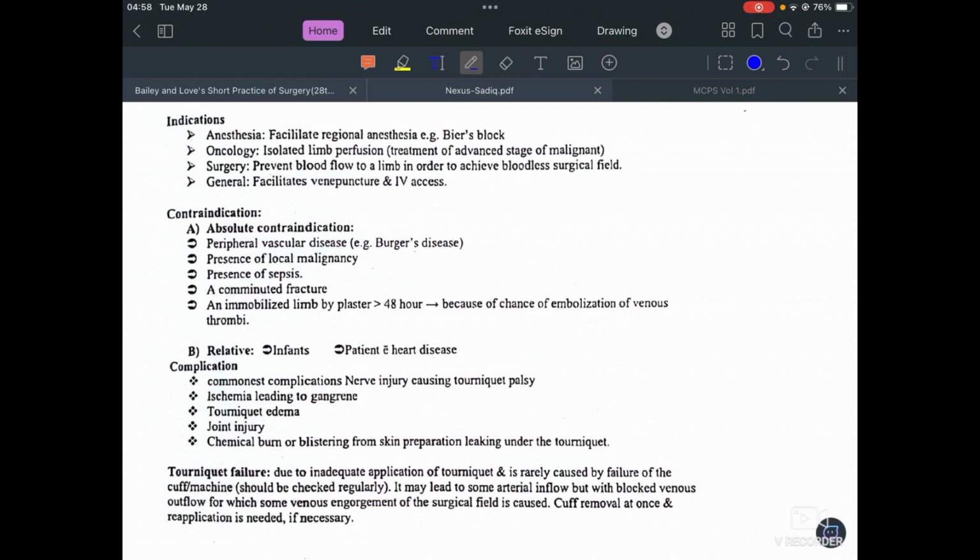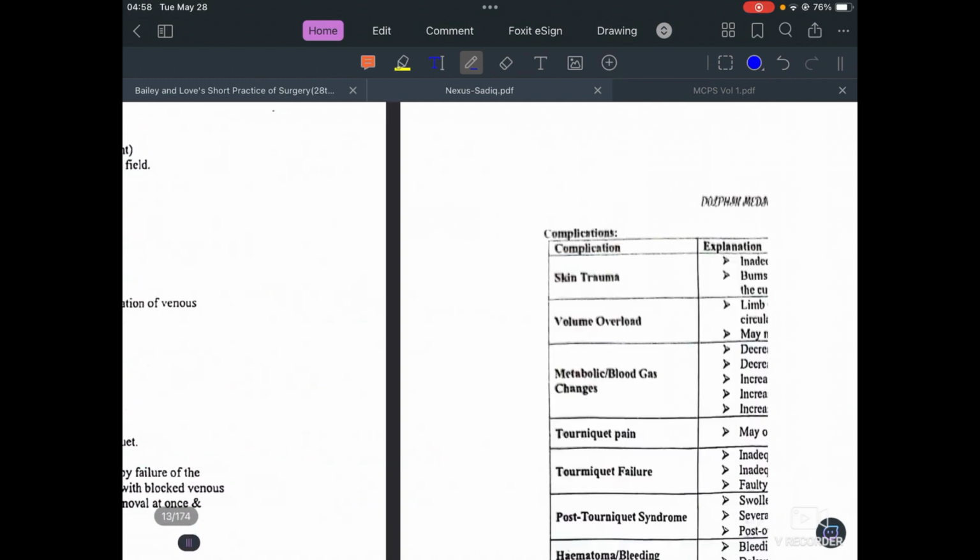It may allow some arterial inflow but with blocked venous outflow, causing venous engorgement of the surgical field. Cuff removal at once and reapplication is needed if necessary.